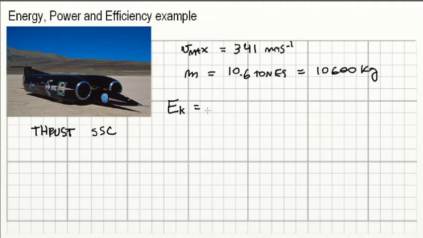Just for you to remember, kinetic energy is given by mass times velocity squared divided by 2. If I am asking about the maximum kinetic energy, then I'll just use the maximum speed. So in this case, the mass is 10,600 kilograms, and take a look, since the mass is in kilograms and the speed is in meters per second, I will expect my result to be in joules, so I will not write those down.